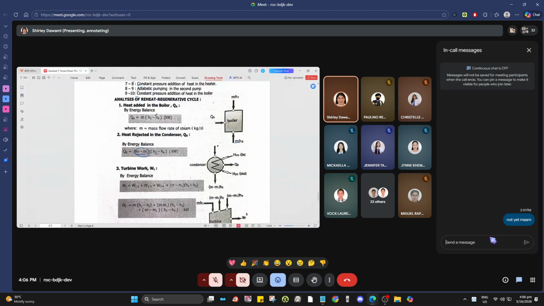Pwede rin di na ninyo i-memorize ning H1 minus H9, H5 minus H6. Ang importante nga malabel ninyo og sakto ang inyuhang schematic, no? Or ang inyuhang TS diagram. Bahala pa man gud og magkabaylo-baylo na siya. As long as nga sakto ang labeling, sakto ang kuha niyo sa formula.